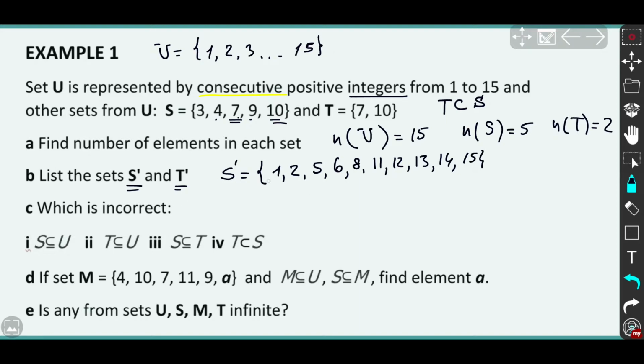I'm not going to list all elements for not T, but you understand that it's going to be any element x such that x is not from T, so you cross it out, but x is from the universe, of course, so x should belong to the universe. And you can write 'and'. But the question is about listing, so you need to list.